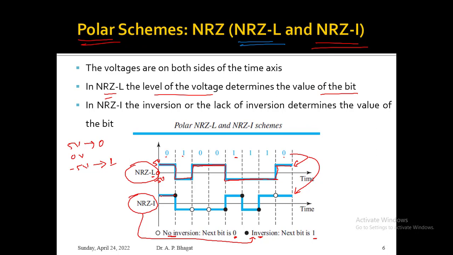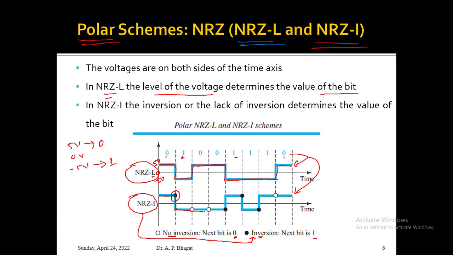As you can see there, initially the signal is starting from this particular positive voltage level, but the next bit is 1, therefore inversion has been carried out here. The signal is getting inverted. Again it will follow the path as the next 2 bits are 0 0, so no inversion will be carried out.